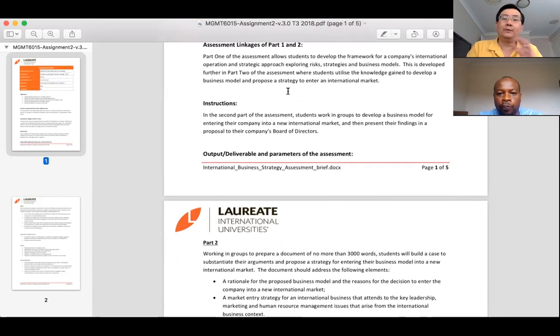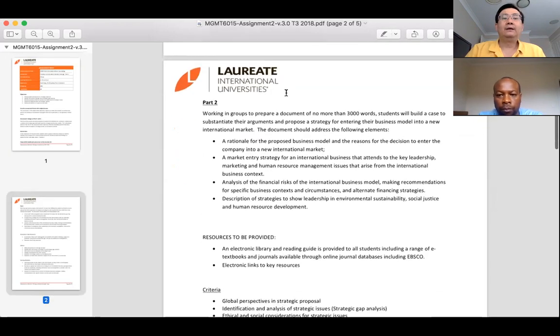In the previous one, in assessment one, we selected which market the organization wants to focus on and which markets we want to penetrate. Out of, let's say, two markets, we should nominate one market in the previous assessment.